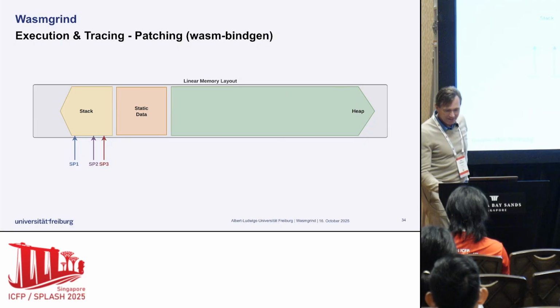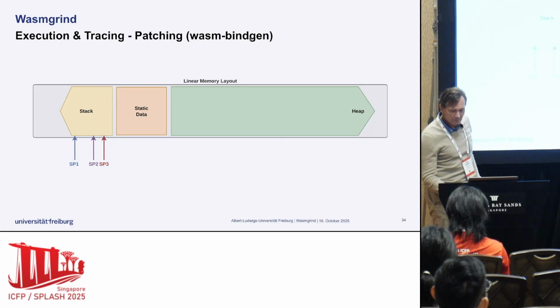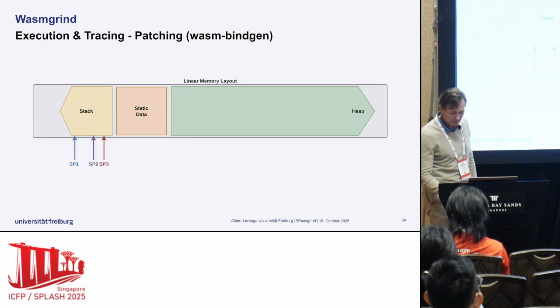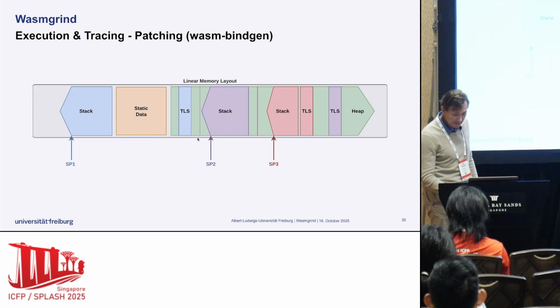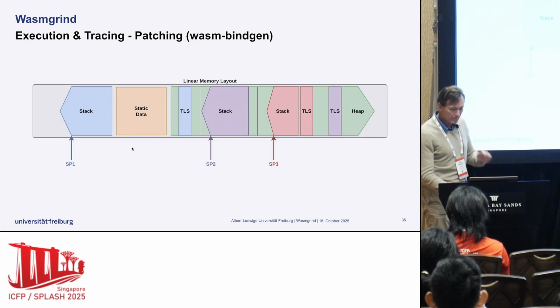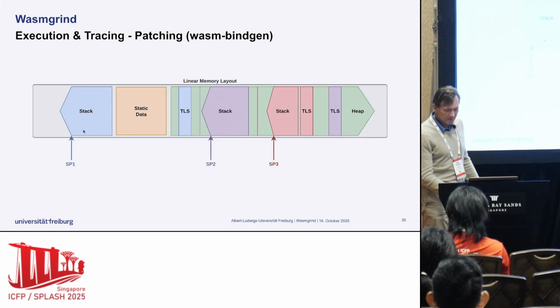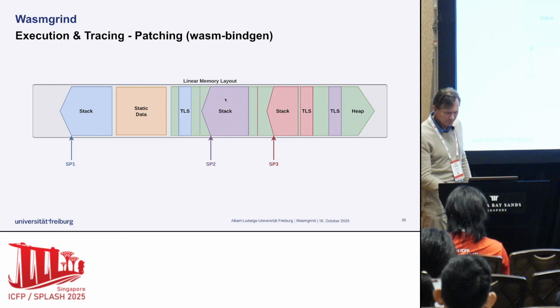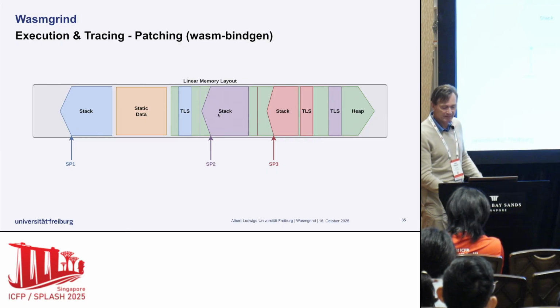There are tools around, namely Wasmgrind, which does some patching and essentially creates a layout like this. Only the first instance gets the normal space for the stack. The static data is shared among everybody, and for the remaining instances, the stack is actually allocated in the heap.